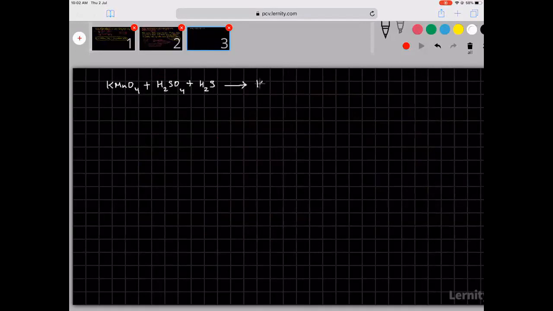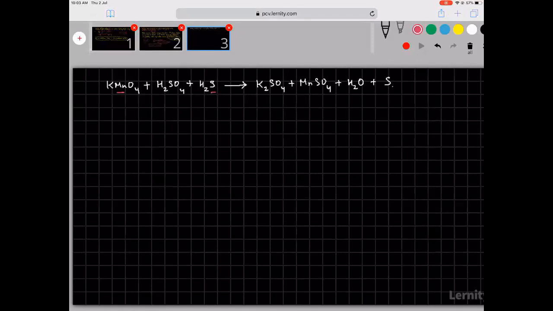This will give you K2SO4 plus MnSO4 plus H2O plus sulfur. Sulfur will be formed in this case. So now let me look at the species. The species which change their oxidation number on the left side will be manganese and sulfur. Those are the 2 points where I have to look.